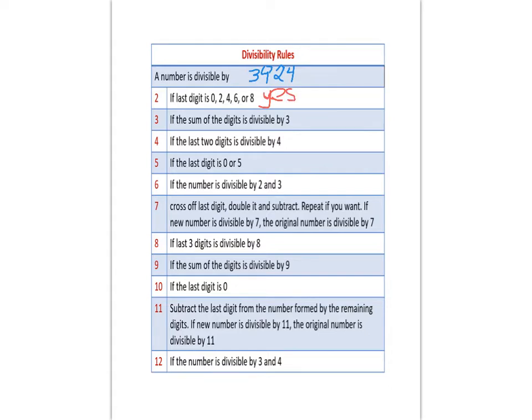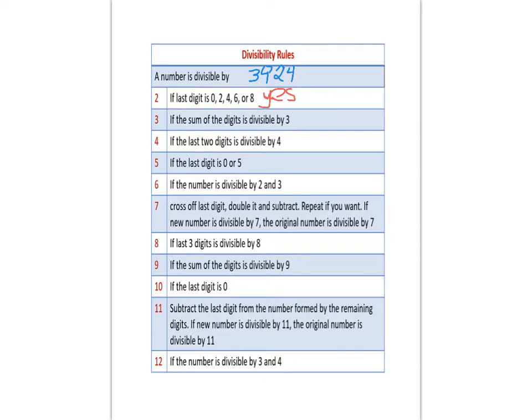For divisibility rule number 3, we've got to add up the digits of the number. If that sum is divisible by 3, then the entire number is divisible by 3. The 9's rule is the same exact rule.